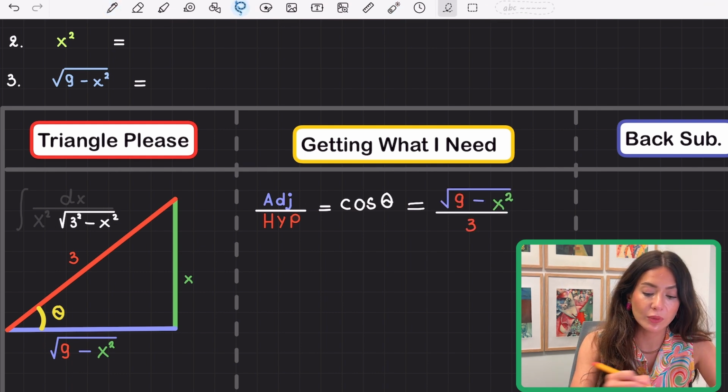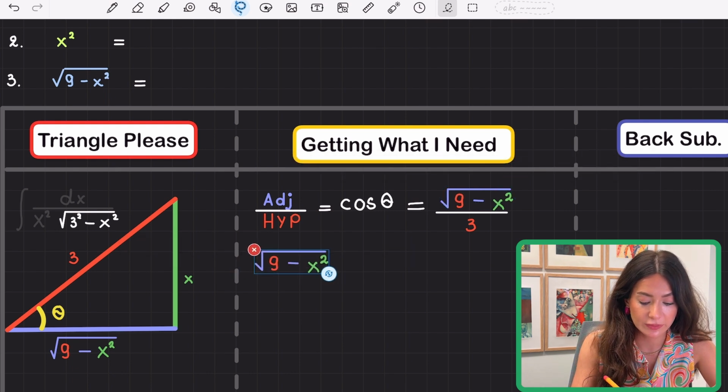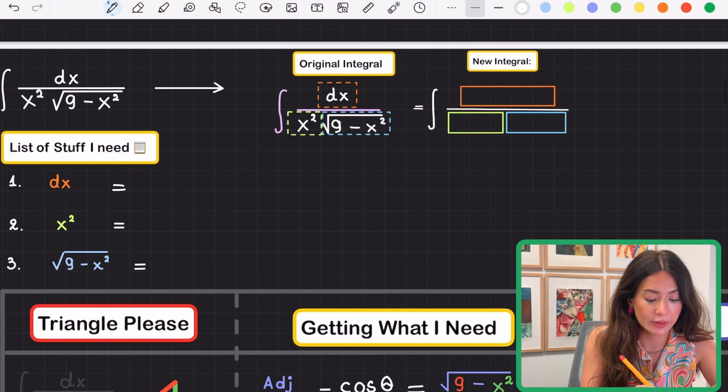Of course, I'm going to explicitly express exactly what I'm after. So this equals 3 cosine theta. So I already got an expression for that.